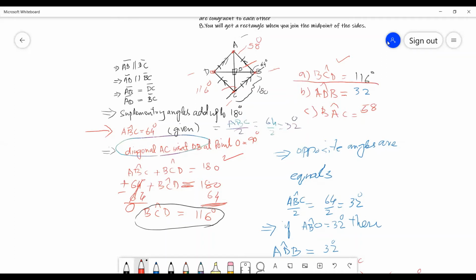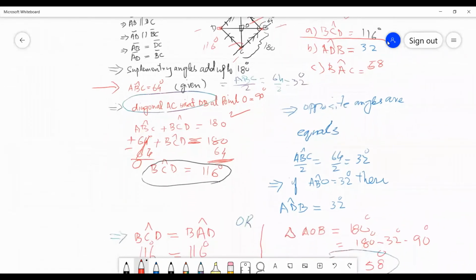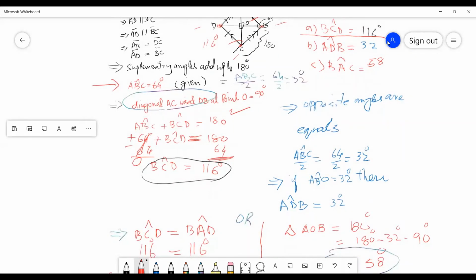The second part, ADB, is equal to 32, which I already solved. How is this 32? We have to understand this now. The next point is that opposite angles are equal. So angle ABC, which is given in the question, is equal to 64.